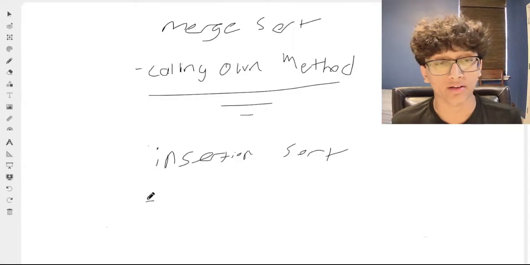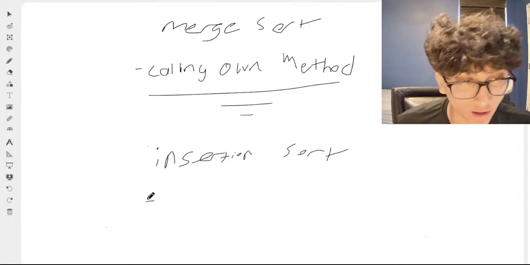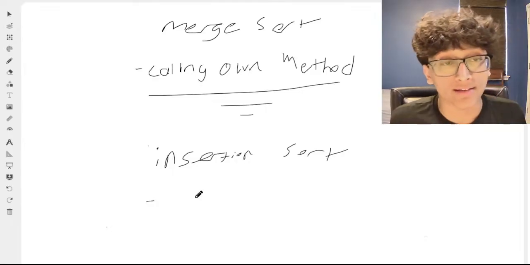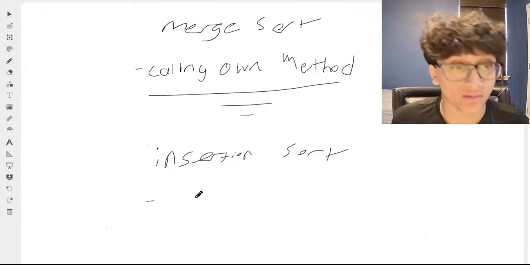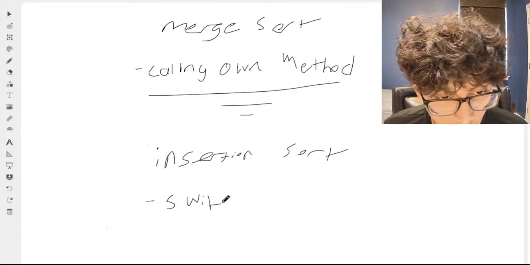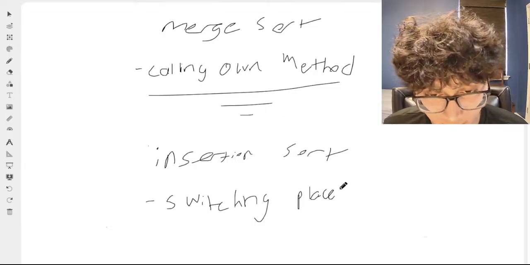And then that's when you're looking for the thing inside the inner loop, which compares each element and then switches them around if it's in the wrong place. So switching places in the inner loop.